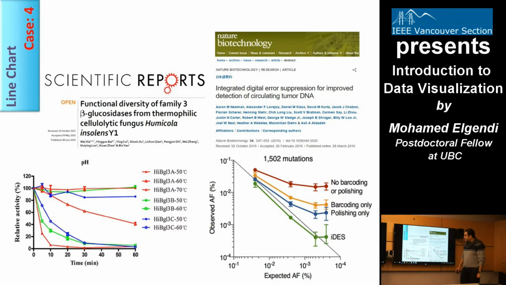How about this figure? That's 2016. All the figures are from high impact journals. All of them. You can differentiate between them, right? Yes, we can differentiate. Very nice, clear, clean. I don't like this 45 degree line.